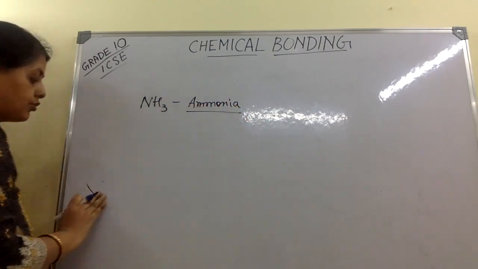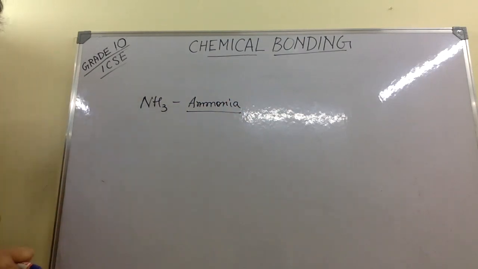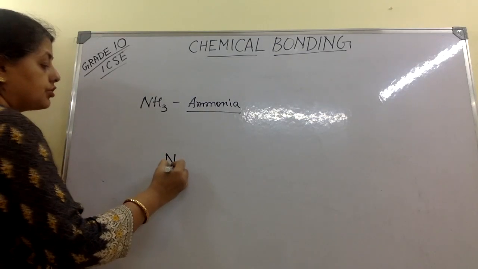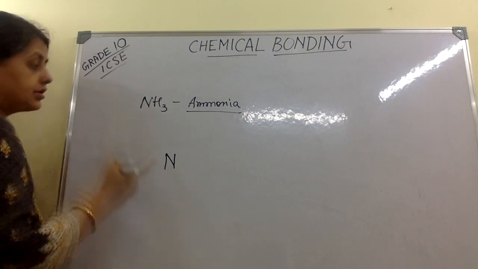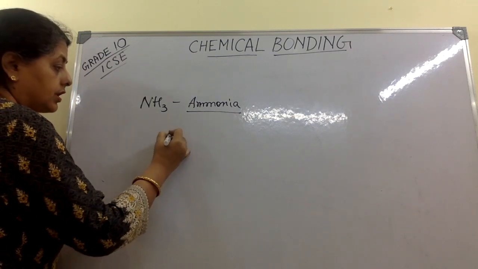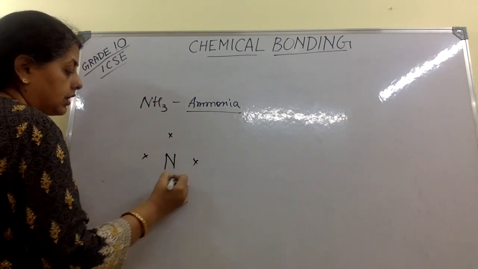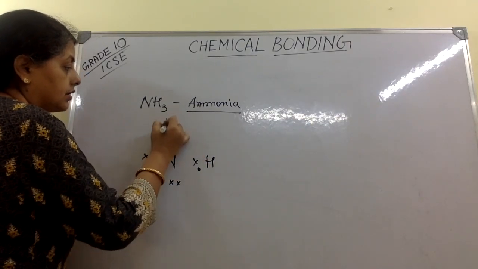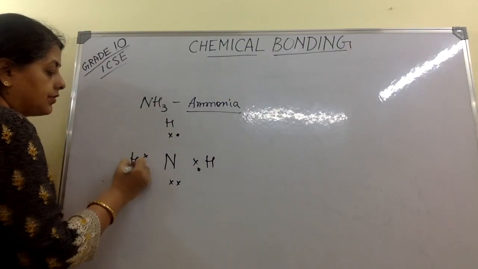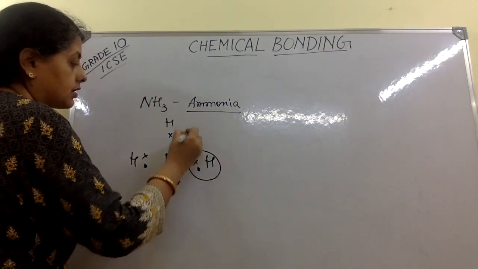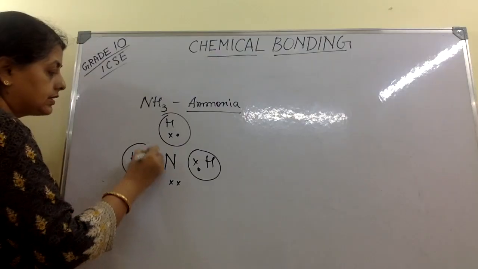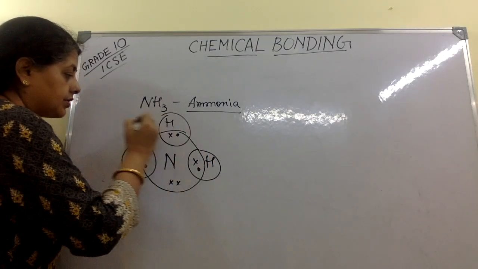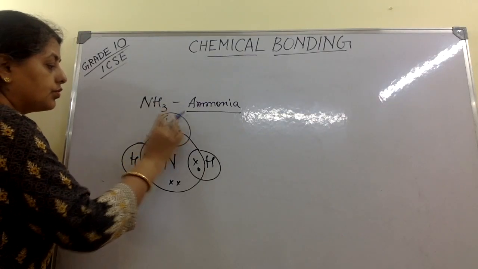Now let's see how ammonia is polar. In the outermost orbit for nitrogen there are 5 electrons: 1, 2, 3, 4 and 5. Hydrogen here, hydrogen here, hydrogen here, each shares.